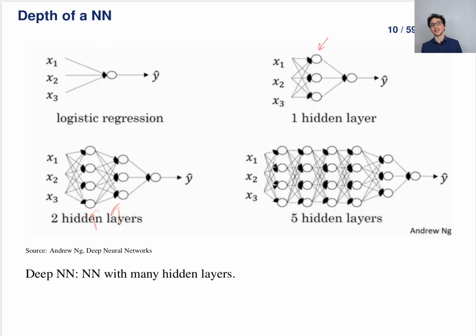If you have many layers, it can be 100, whatever, you talk about deep neural networks. The first layer is usually called the input layer, and this is composed by the features themselves. The last is called the output layer, and all these other layers are called hidden layers.